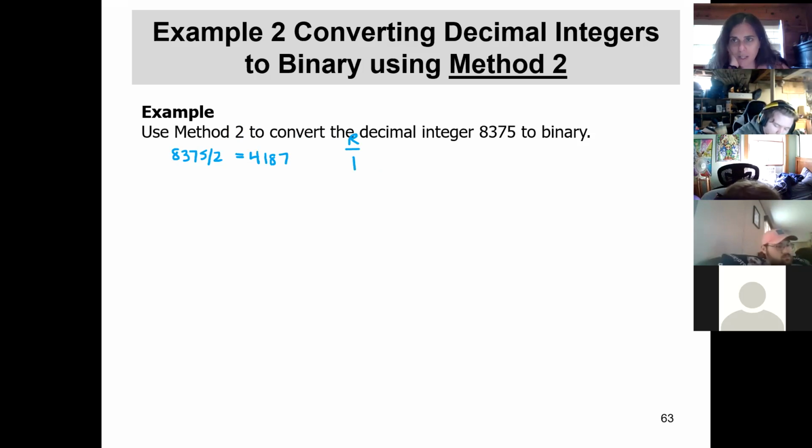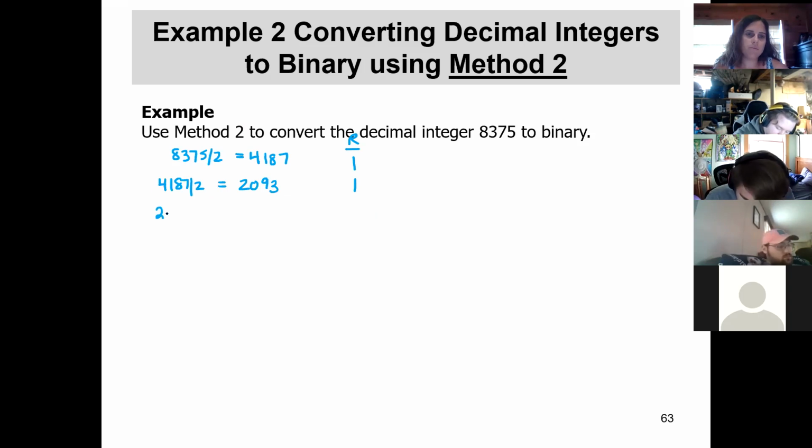Now, the only remainders we can have are 1 or 0, so that's a remainder of 1. Now we're going to take 4,187 divided by 2. And that's going to be 2,093. Remainder of 1 again. Now I'm taking 2,093 and dividing by 2.